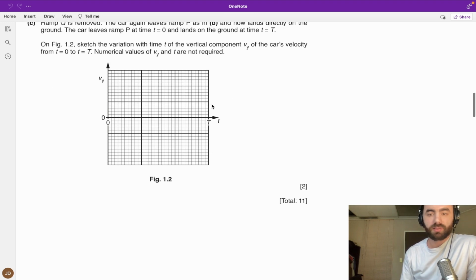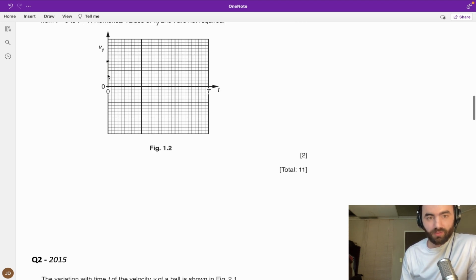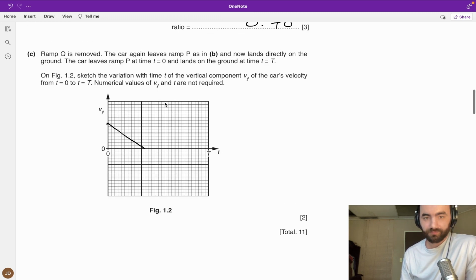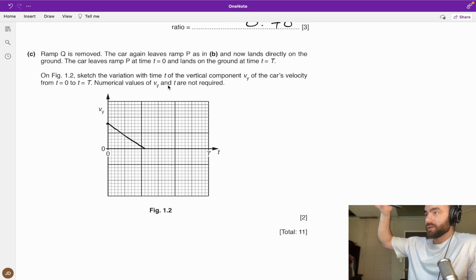Okay, so at the start it has some positive vertical component, you shouldn't care about the actual values, and then it is decelerating to its max height at some time. Terrible drawing, but whatever. Then its vertical component is now acting down as it passes that max point, right?